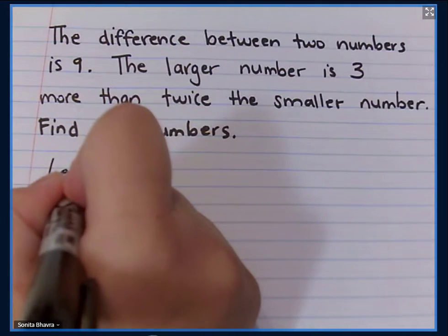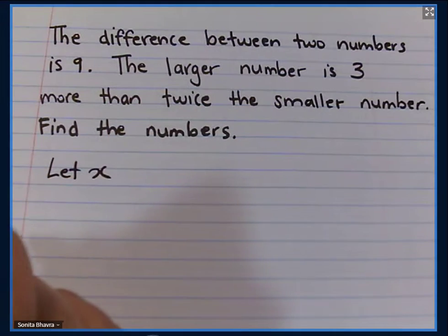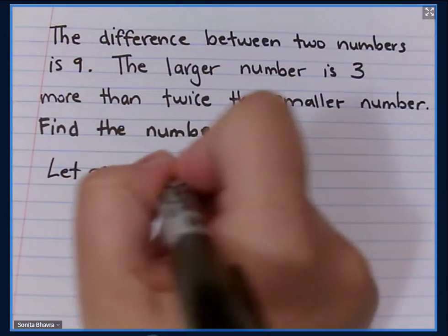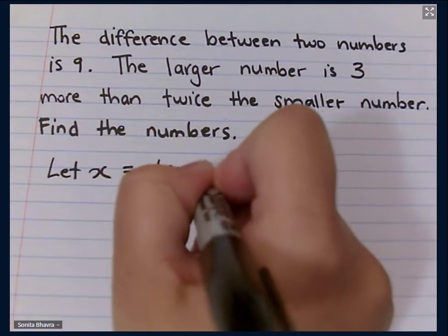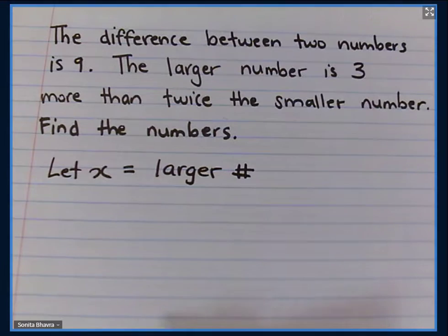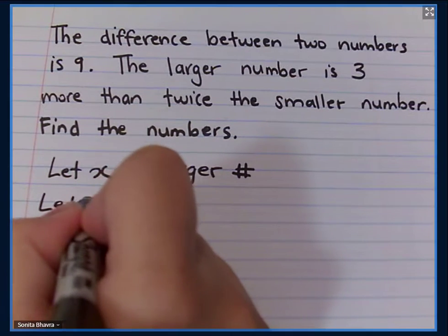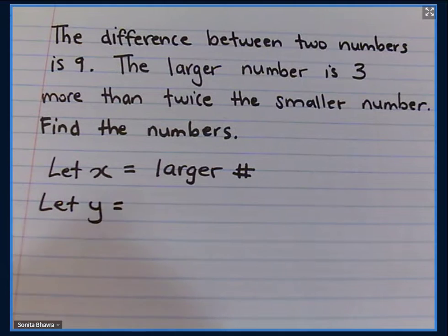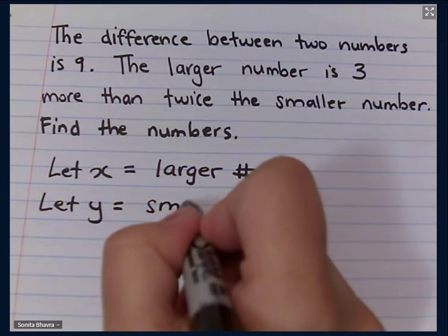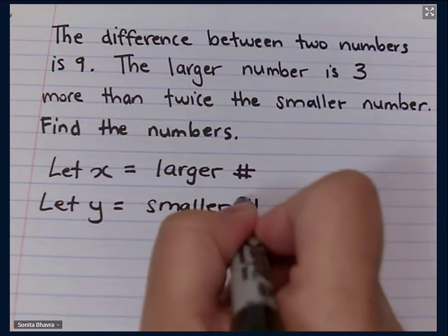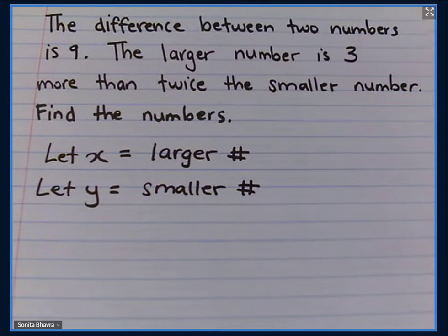So let x equal the larger number, and we'll say y, let y equal to the smaller number. All right, so now we have stated what our variables are going to represent.